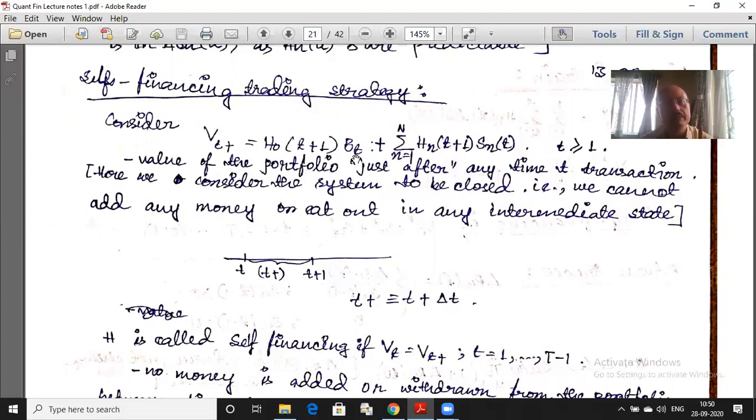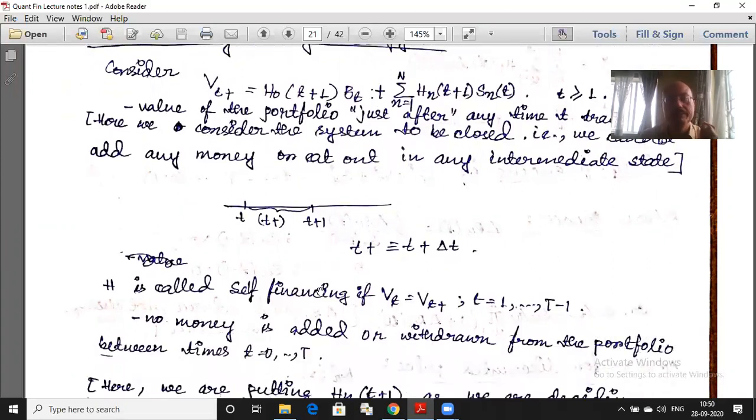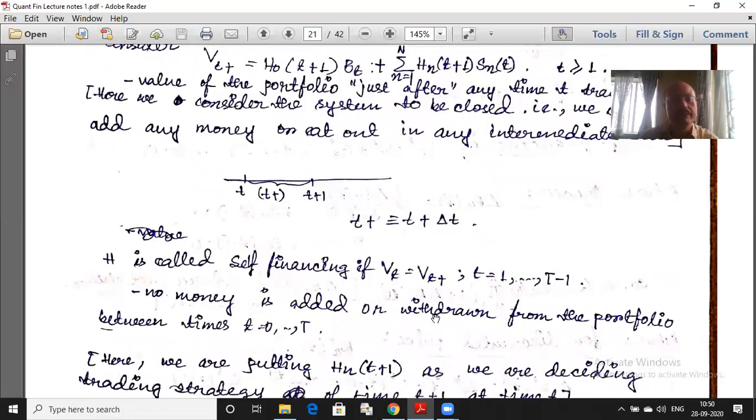But if I do that, then my VT plus will change. My VT plus will not be given by this equation here. So the self-financing condition formally written is given here slightly below.